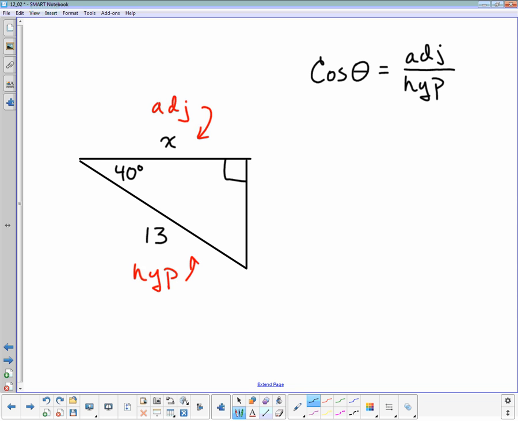All right, so cosine of 40 equals what over what? Okay, cool. That's correct. Now, what about getting x alone? Multiply both sides by 13.